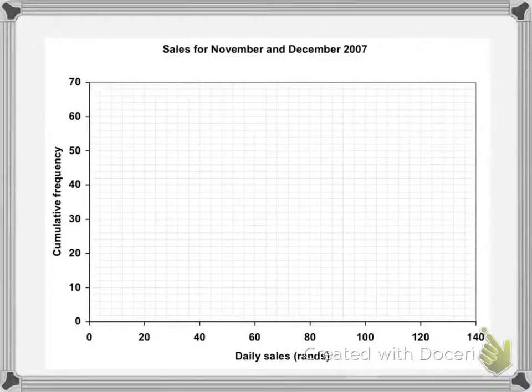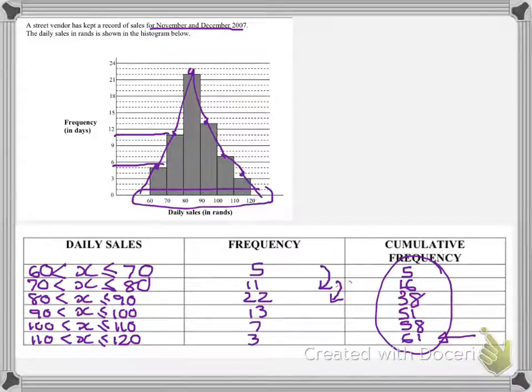In the diagram sheet of the exam paper, you were given grid paper to draw your cumulative frequency onto, but just notice that the notches along the bottom, your daily sales, go up in 20s, yet if you go back and look at your cumulative frequency table, they go up in 10s.